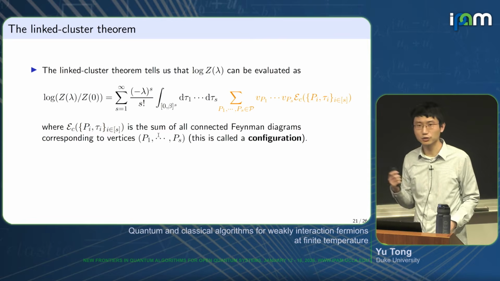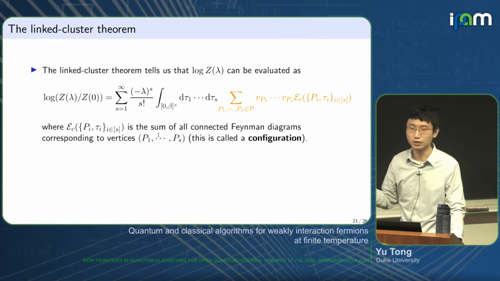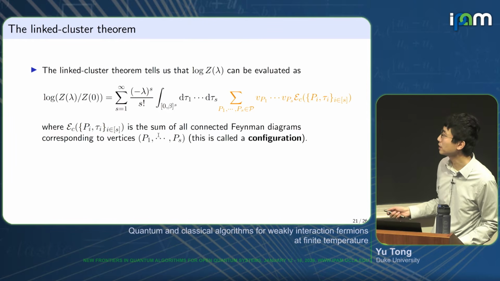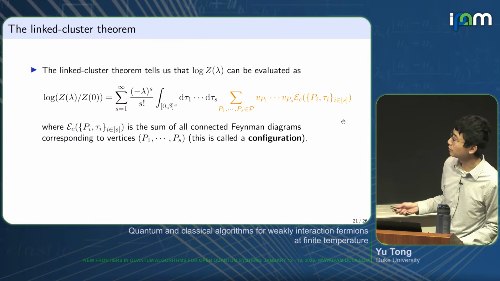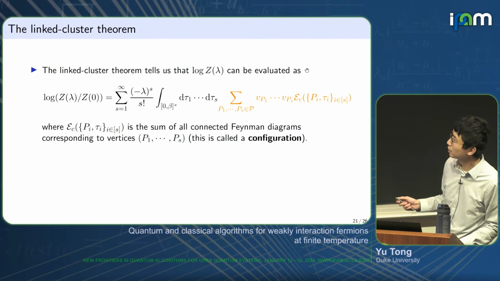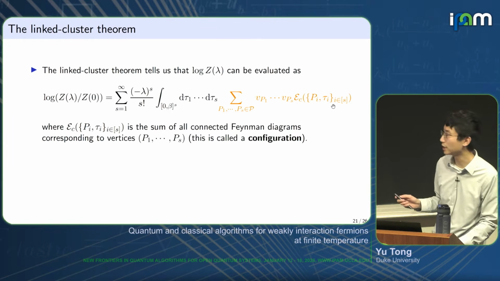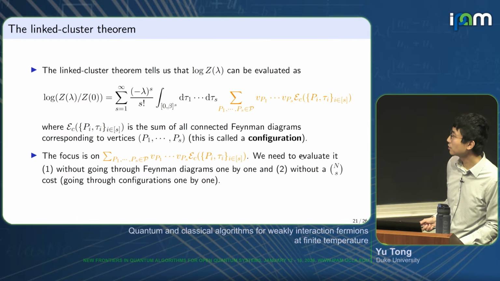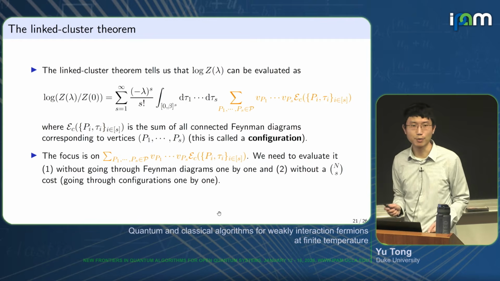Previously, one of our difficulties came from having too many configurations, n choose S of them. We need a better way to deal with it rather than summing them up one by one. So we need to evaluate this without going through Feynman diagrams one by one and without the n choose S factor that comes from going through configurations one by one.